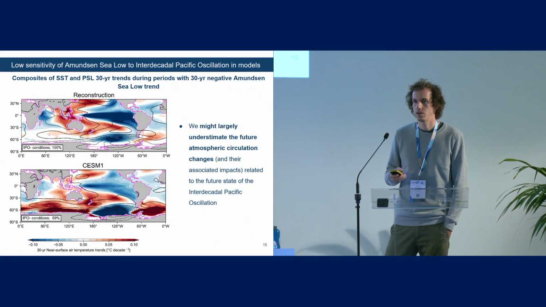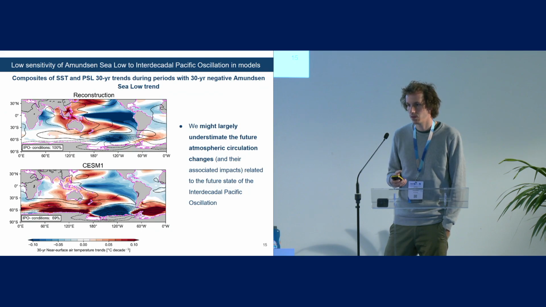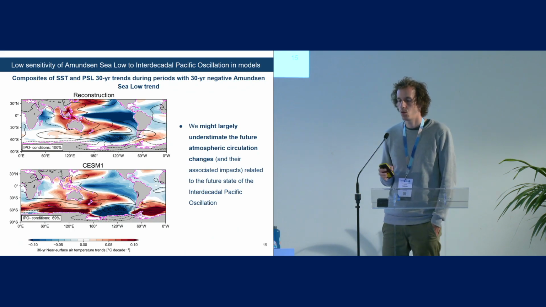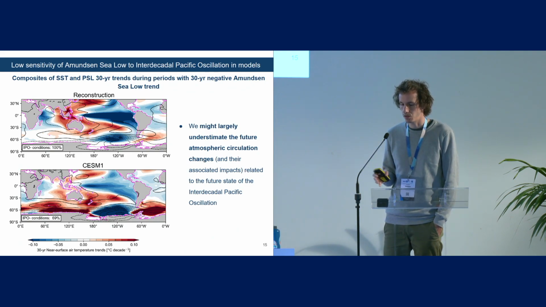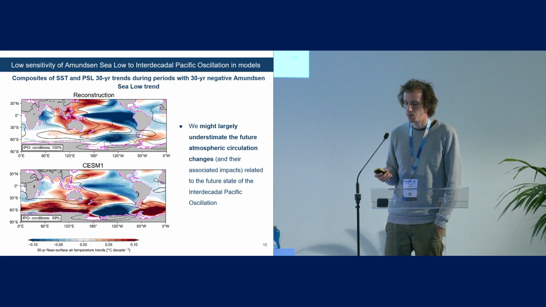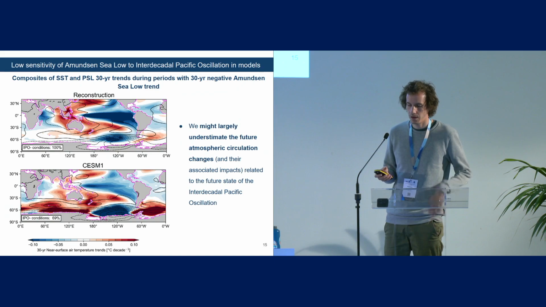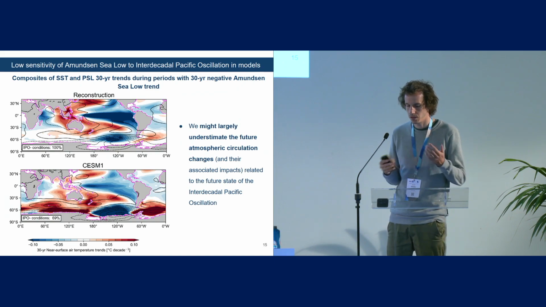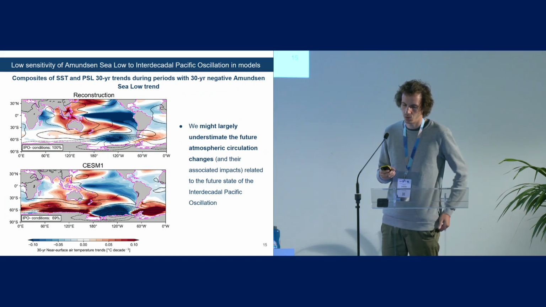So it could be related to our reconstruction overestimating the link between the two regions, but by making sensitivity experiments where we exclude coral records, so we have no constraint from the Pacific, we still observe this very strong association. So it can be related to the models not being able to reproduce this link between the two regions.